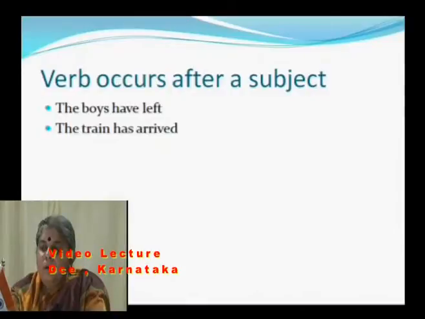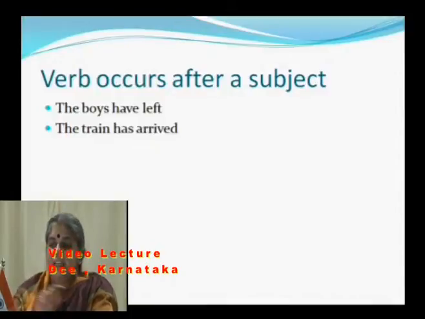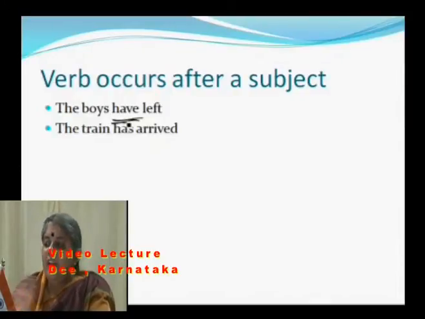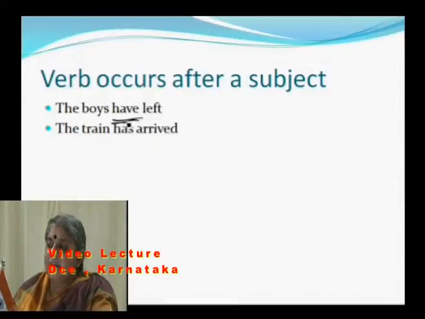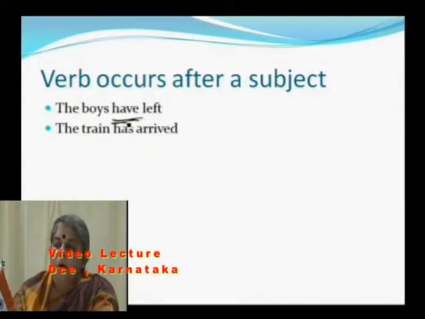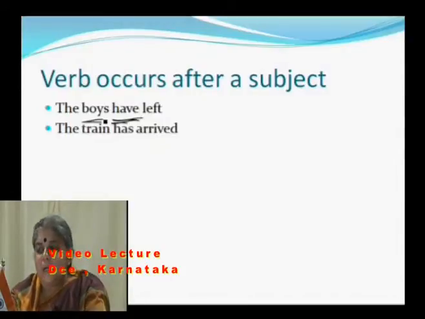Now, in the first sentence, can you identify the verb? You are right. The boys have left. The verb is have. Have is what? Primary auxiliary. Where has it come? It has come after a subject. Which is a subject here? Boy is a subject here.